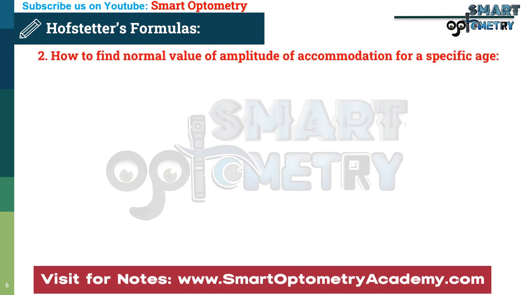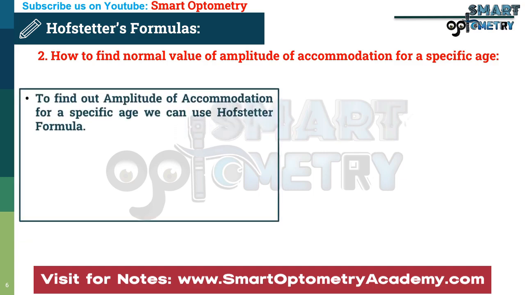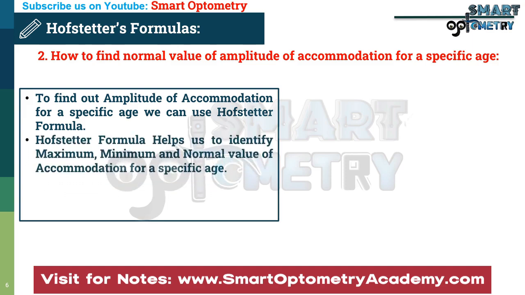Now let's see how to find the normal value of amplitude of accommodation for a specific age. To find out amplitude of accommodation for a specific age, we can use Hofstadter's formula. Hofstadter's formula helps us to identify maximum, minimum and normal value of amplitude of accommodation for a specific age.